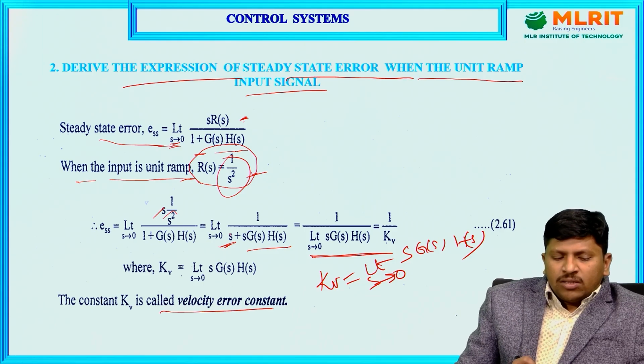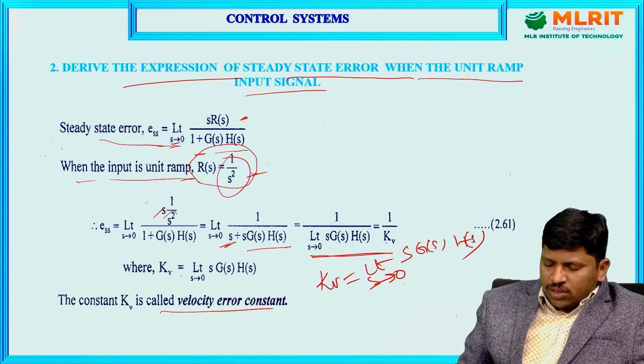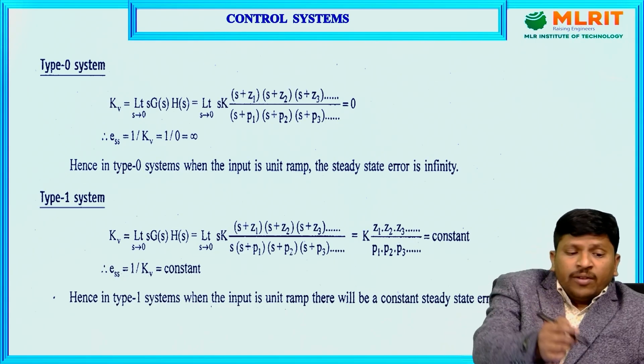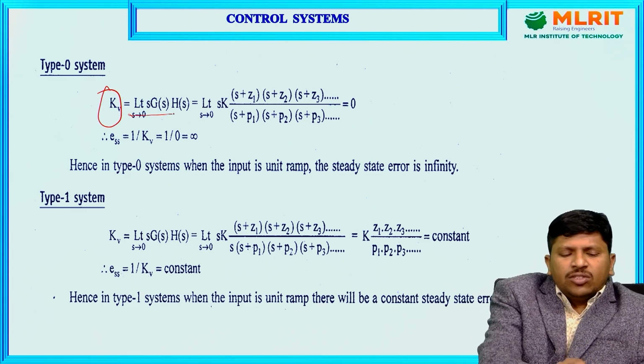Velocity error constant for type 0 system, type 1 system and type 2 system. What are the steady state error and the velocity error constant? Now we are going to do that. Just observe, we know the velocity error constant, limit s tends to 0, s into g of s into h of s.